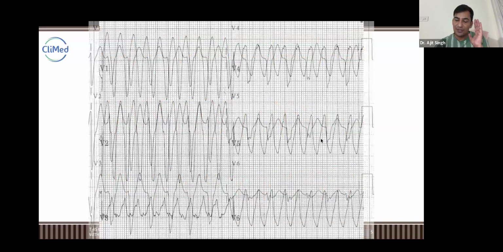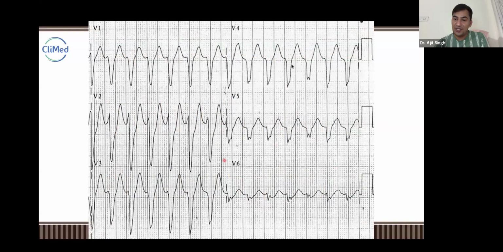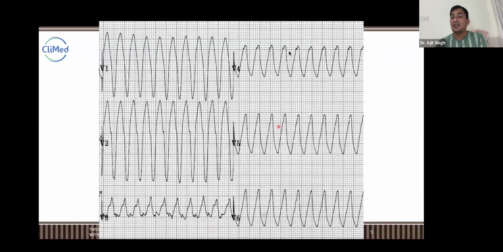Monomorphic ventricular tachycardias. Inverted QRS in the second. Wow, very nice. Fantastic, Magni. Amazing. So here, look at this. This is called positive concordance.